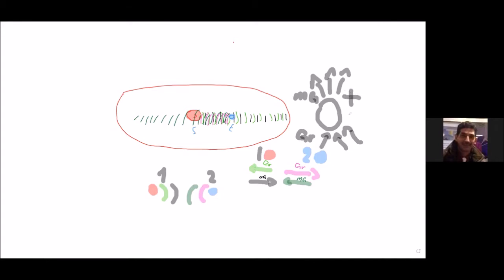It takes the plus. And because it takes from the environment, that means it takes minus.